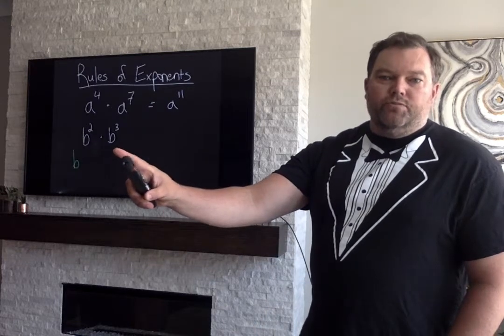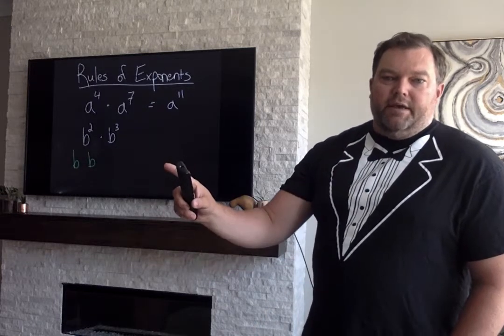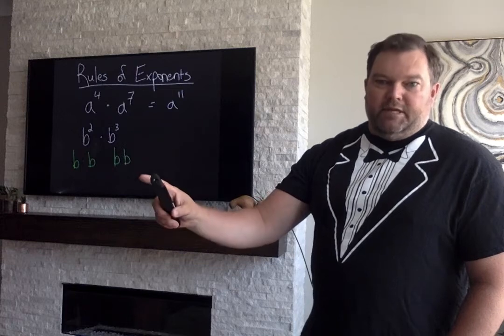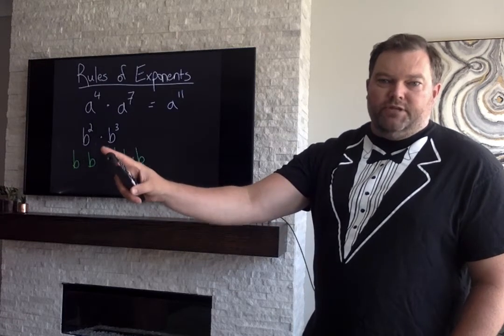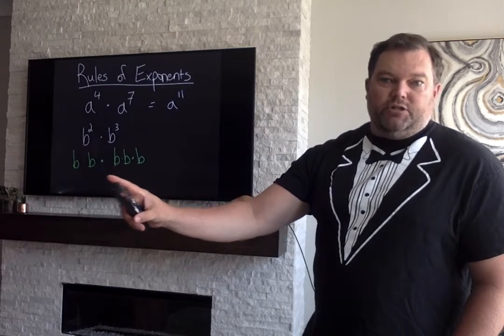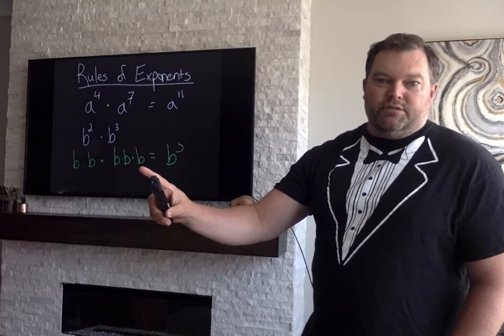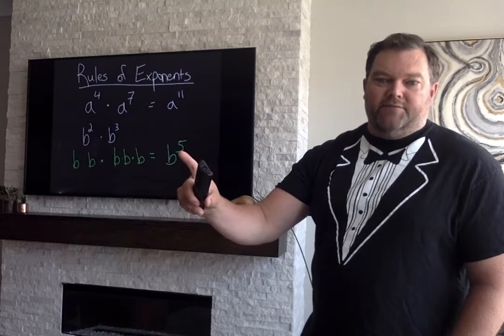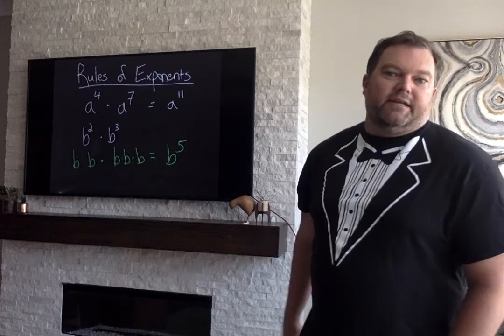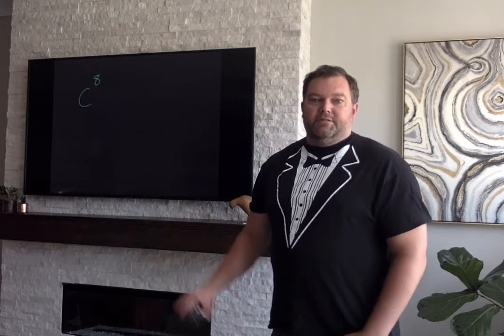And b cubed is really the same thing as b times b times b. And what's in between the two things? Multiplication. So really, if you think about it, that's just b multiplied by itself 5 times, which is the same as adding the 2 and the 3. So that's a simple way of knowing how to multiply like bases.